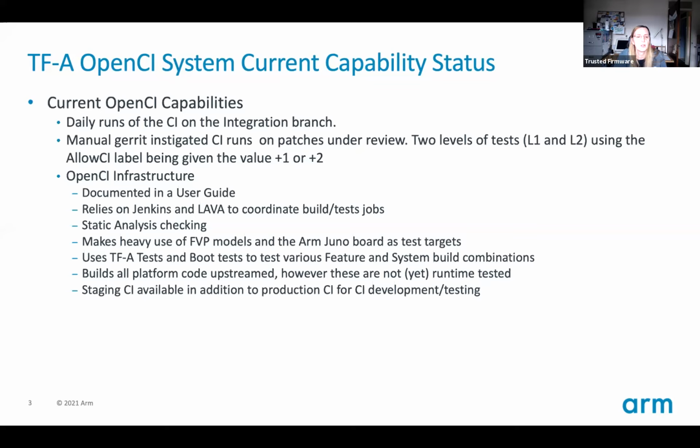But we have an integration branch to help with running the CI and the patch reviews, and getting things into a state that we're happy for them to be integrated into the master branch. So every night in the OpenCI, there's a daily run, and that's available on the CI trustedfirmware.org, which I'll show after the slides.